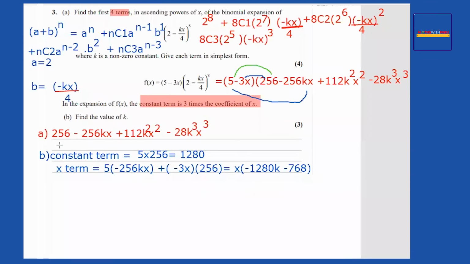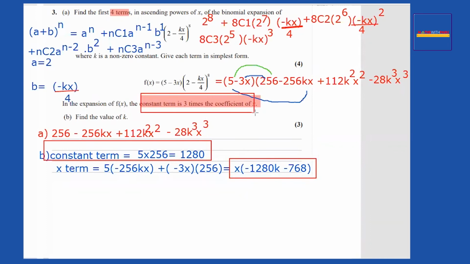So I have got the constant term here. I have got the x term here. And I simply write it in terms of the information given. The constant term is 3 times the coefficient of x. So I write my 1,280 is 3 times minus 1,280k minus 768.